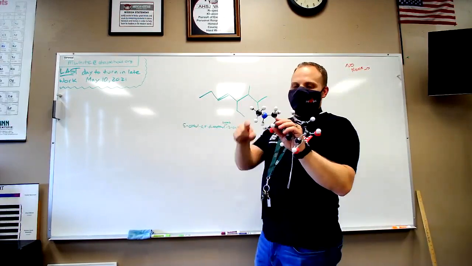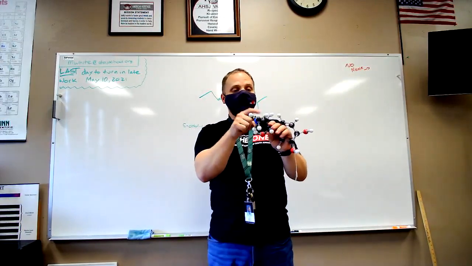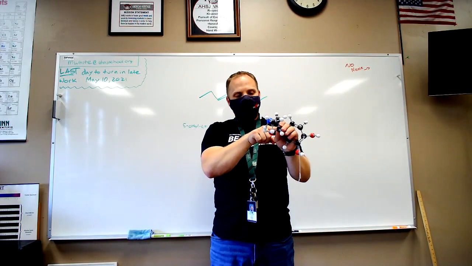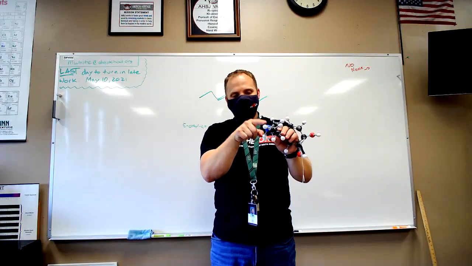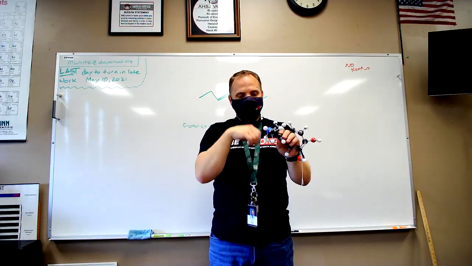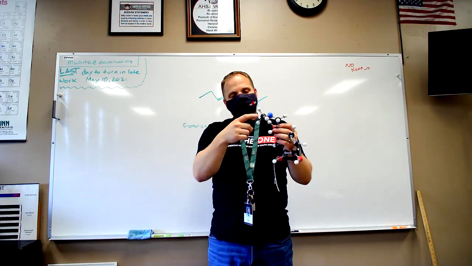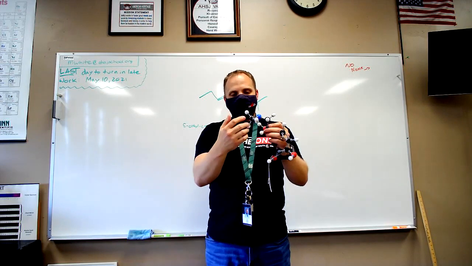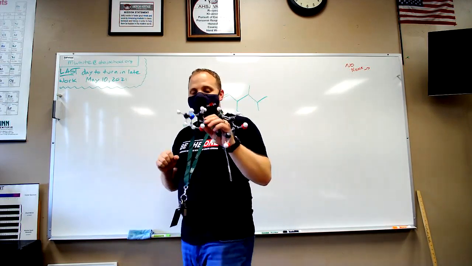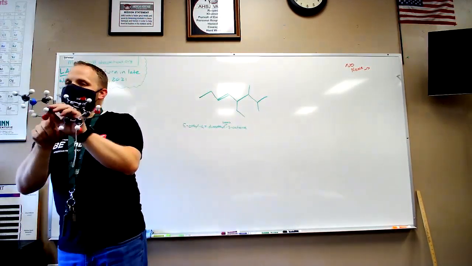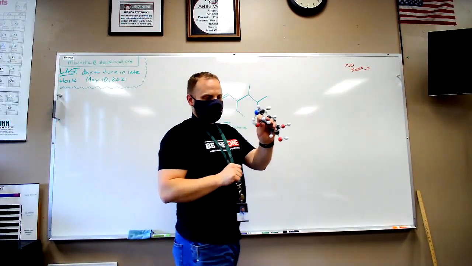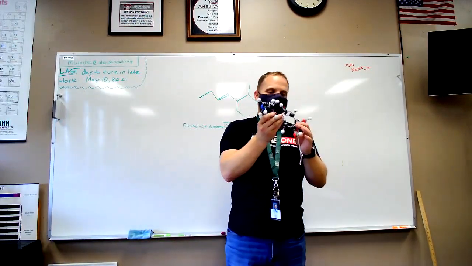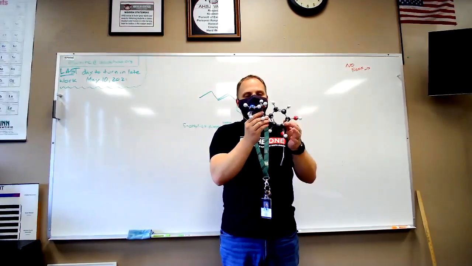So now this carbon here, it is attached to 4 different things. So we have 1 carbon, 1 nitrogen, 2 hydrogens, so 4 separate bonds there. This one is also attached at 4 different places: 3 hydrogens and that nitrogen. But the reason why this one is chiral and the others are not is that all 4 are unique.